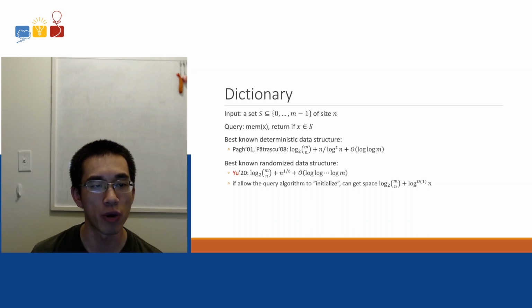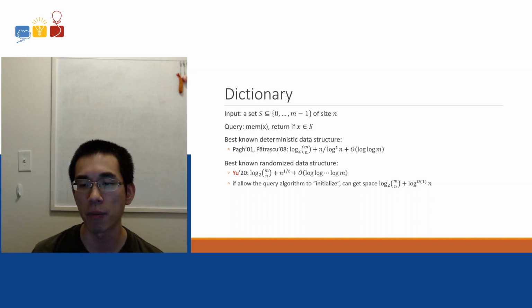And if we allow randomization, a very recent work by myself solved this problem using log base 2 of (m choose n) plus n over 2^t plus iterated log of n, iterated t times, so that each query can be answered in expectation in O(t) time. And if we allow the query time to initialize, then we can even get the space down to log base 2 of (m choose n) plus only (log n) to some constant.